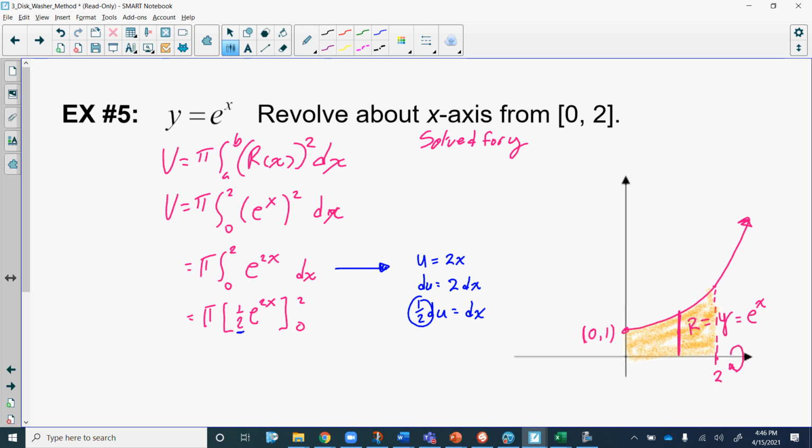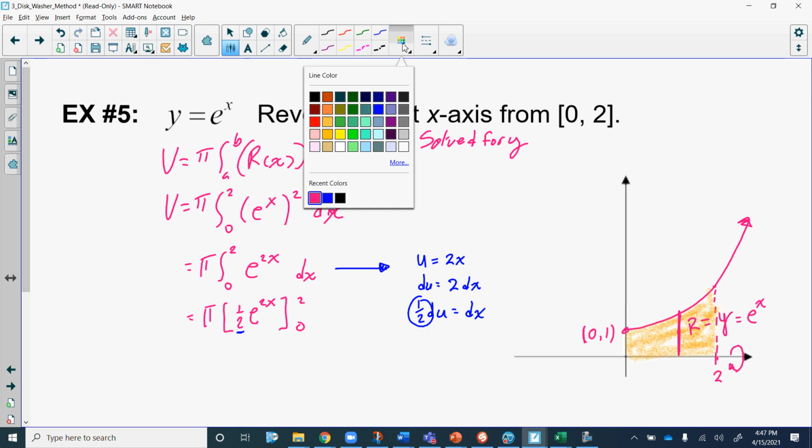A lot of ways that you can look at it when you're dealing with e to the power. A lot of times we wind up just taking the reciprocal of whatever that constant is. So that's why it's 1 half times e to the 2x power, as opposed to just e to the 2x power being the antiderivative.